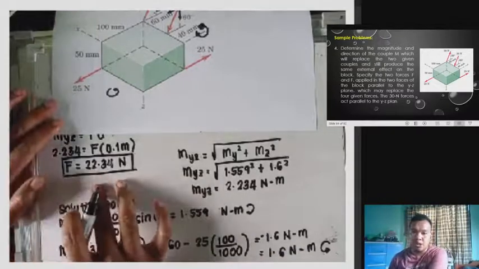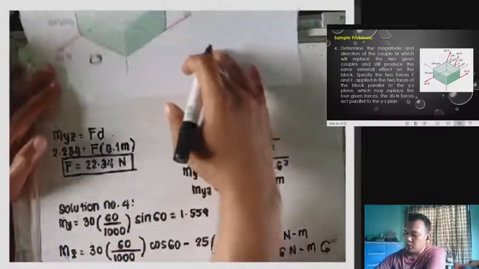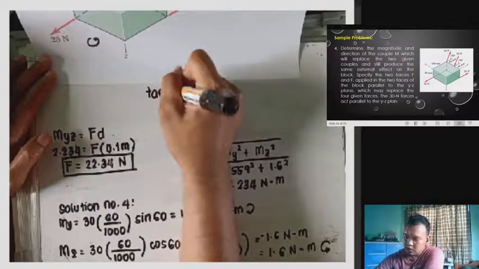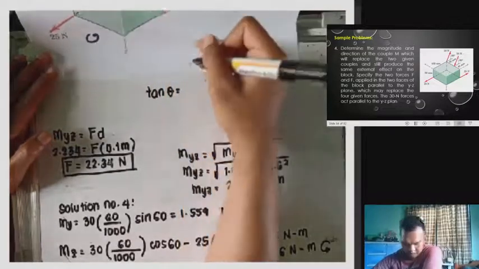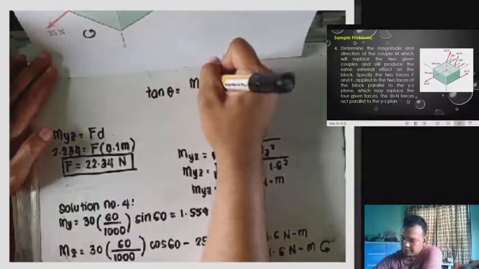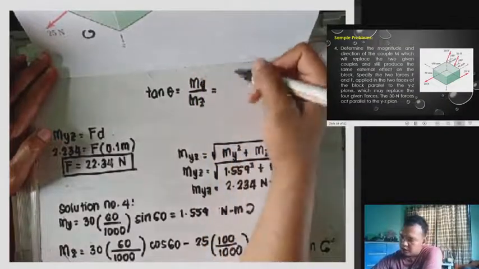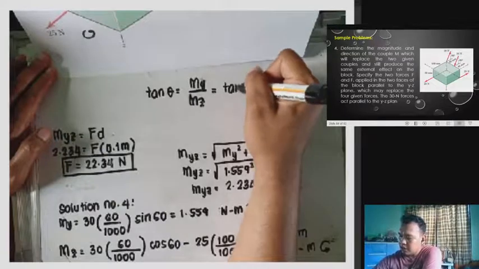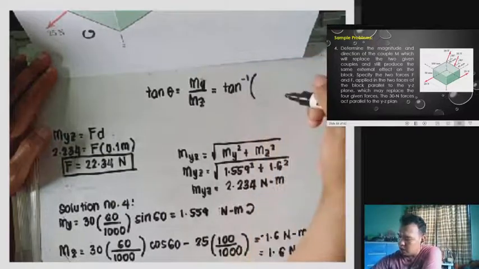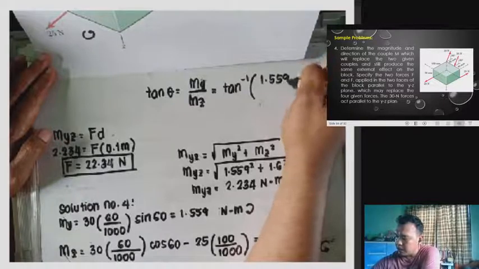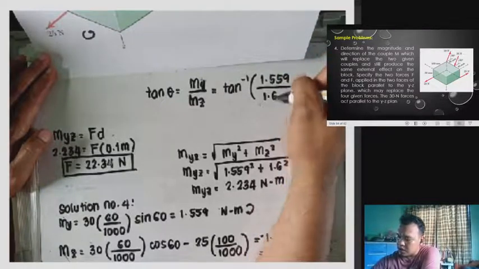So, to get the location or the angle, we need to solve tangent theta, which is equivalent kay my over mz. Therefore, arctan, the value of my is 1.559 all over 1.6.